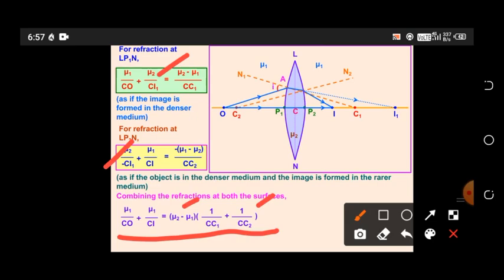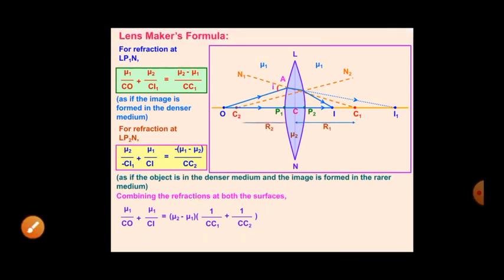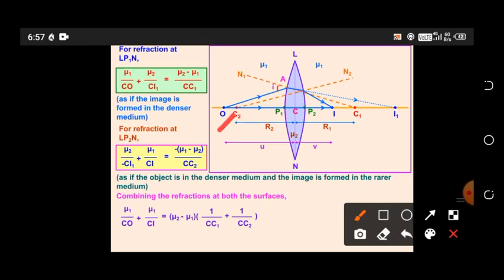Now we have to put in the values of CO, CI, CC1 and CC2. In the figure, CO is the object distance, denoted by U. CI is the image distance, denoted by V. CC1 is the radius of curvature R1, and CC2 is the radius of curvature R2.